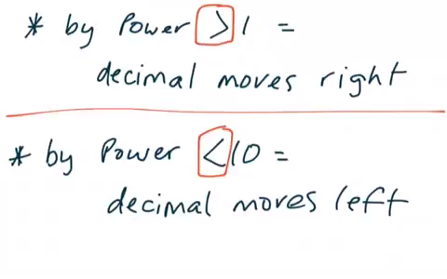When you're multiplying by a power less than 1, your decimal is going to move to the left. So these are kind of the rules that you want to keep in mind as we're working on this, because in the next video we're going to talk about dividing with powers of 10, and it gets a little bit confusing. So have this in your notes. Make sure you understand which direction to move the decimal point and when, and then how many spaces.